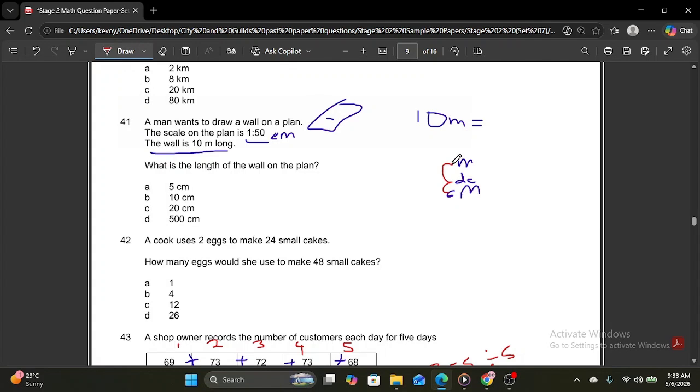Deci to meter, that's 10, so altogether 100. So 100 centimeters is equal to 1 meter.